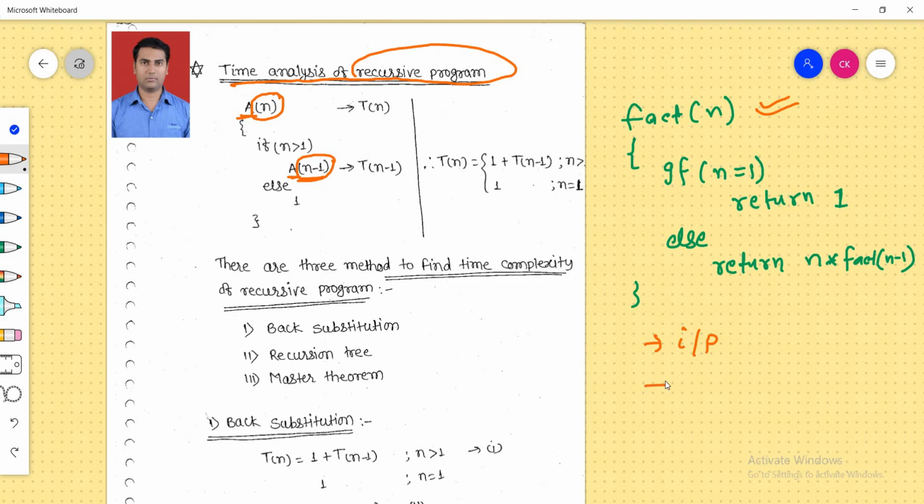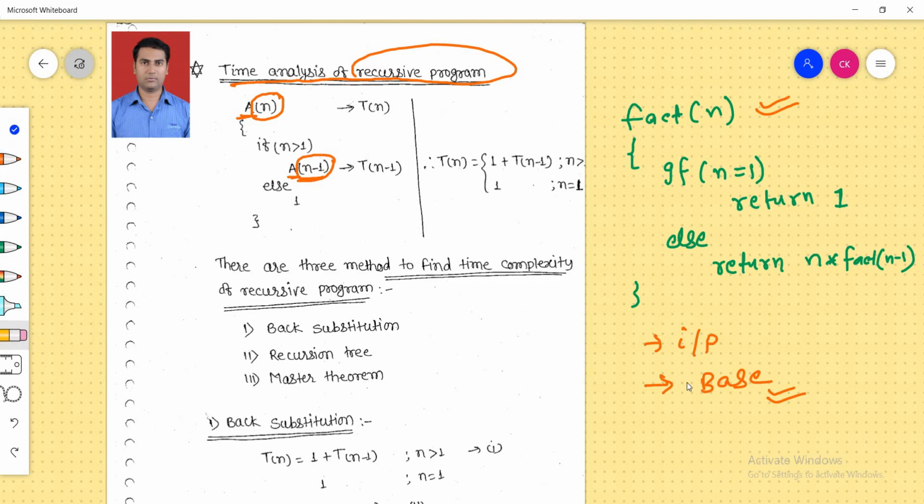And second, the base condition. There should be at least some point in your program where the program will terminate. Otherwise, if we don't put this base condition, the program will go into an infinite loop and keep on running.